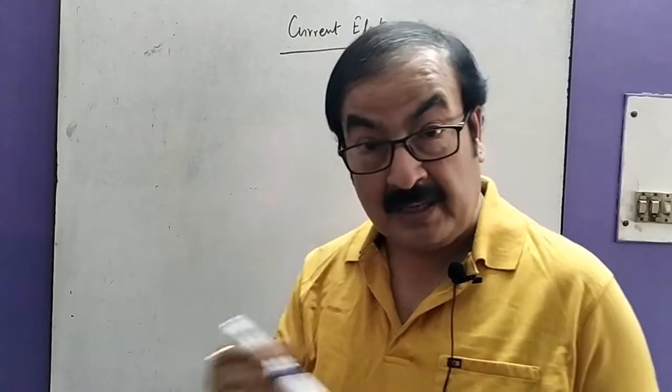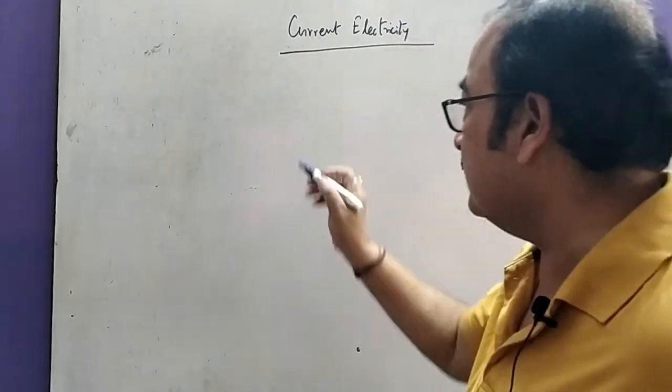Then current per unit cross sectional area is current density.